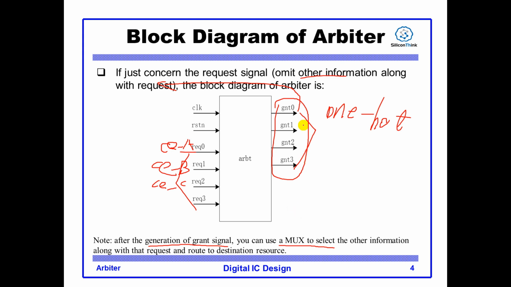Such as in the SRAM case, you can use these signals as the select and use a 1 hot decoder to select the write enable, address, write data along with the request. Then after the mask, you can connect the masked signals to the ports of the SRAM.